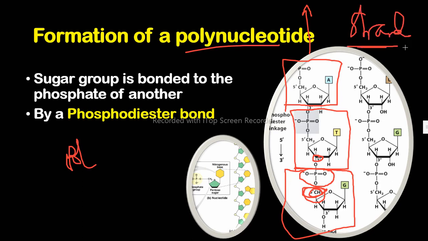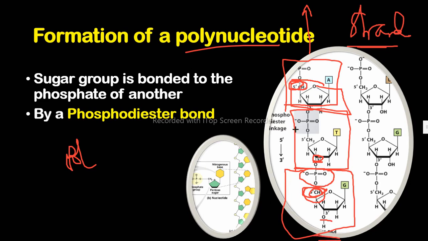On the pentose sugar, if you consider the upper sugar, this one is going to be the 5th carbon atom, and down here this is the 3rd carbon atom, and the same thing will happen. It is the 3rd, the 3rd, the 3rd.